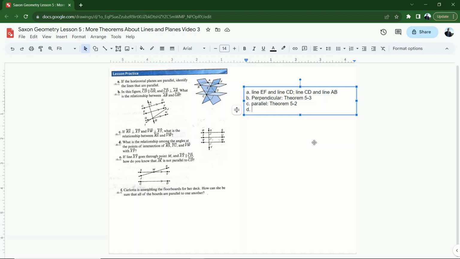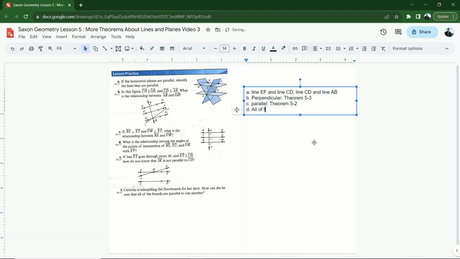But this is trying to refer back to theorem 5.6, that all right angles are congruent. So it's trying to get you to say that they're all congruent. It's just not clear that that's the answer that they're looking for. If I were asking this question, I would do it a lot more clearly.